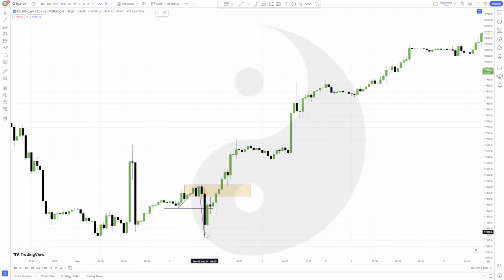After taking liquidity we had an impulse move up here, causing a break of structure here, as you can see. Good, that is exactly what you want to see for an effective bullish breaker block. That is exactly what you want to see.